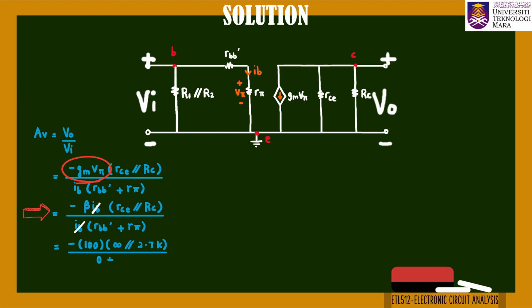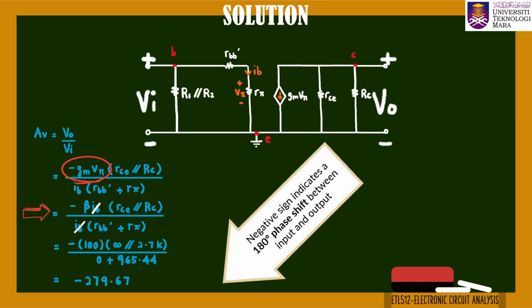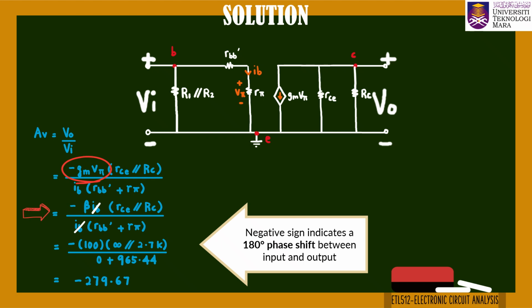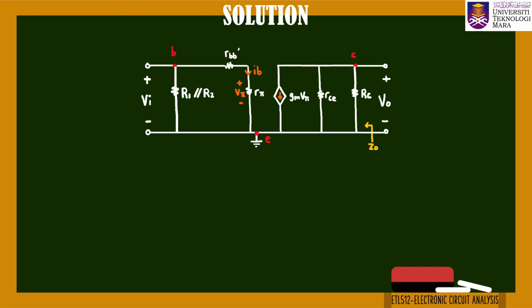After substituting the values, the voltage gain is calculated as approximately negative 279.67. The negative sign indicates a 180 degree phase shift between input and output, which confirms that the common emitter amplifier is an inverting amplifier.